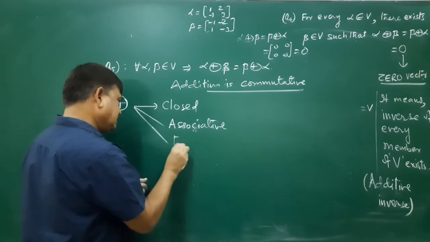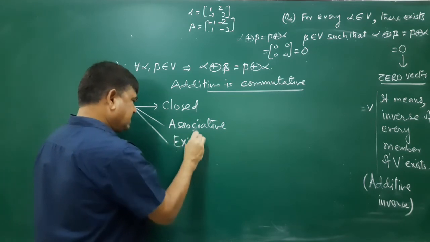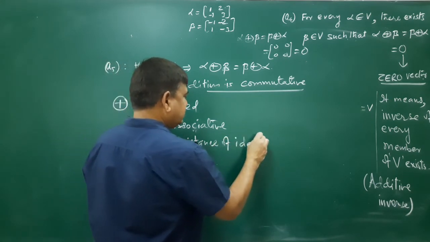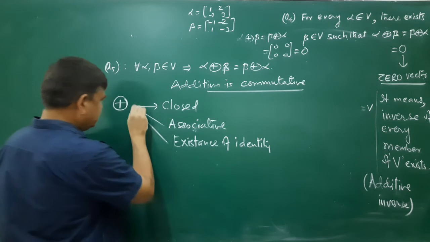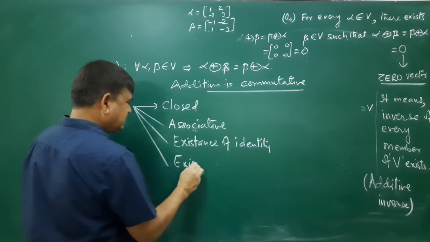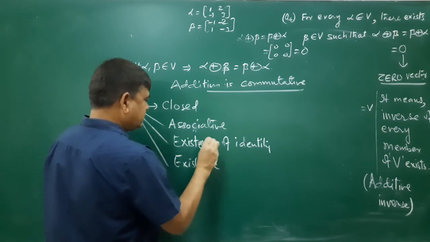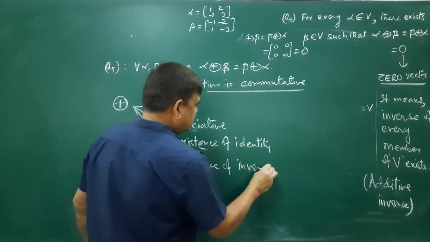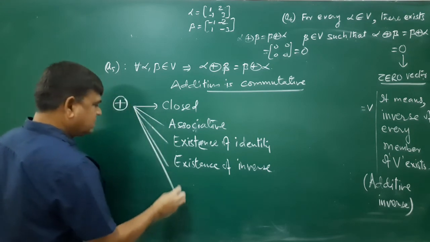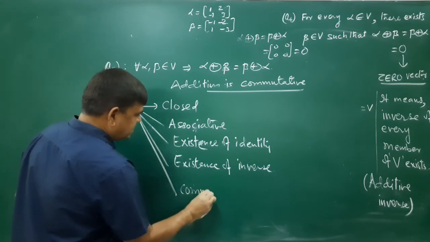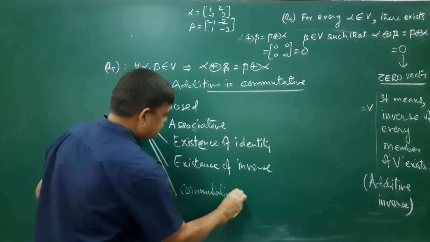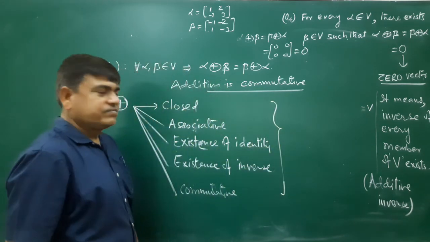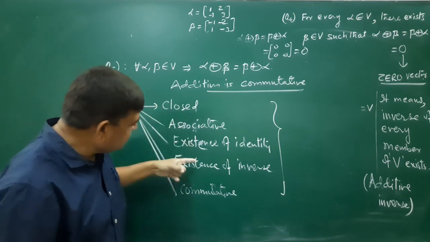Third, existence of identity. Fourth, existence of inverse. Fifth, commutative. How many properties? 5 properties: 1, 2, 3, 4, 5.